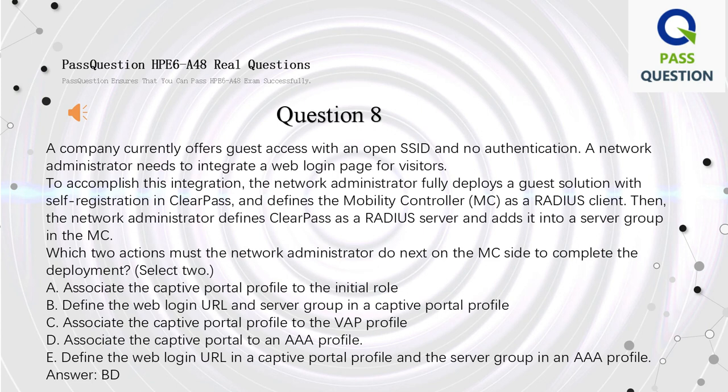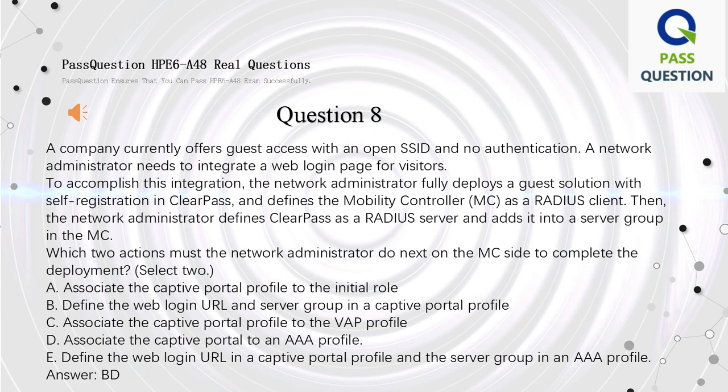Then, the network administrator defines ClearPass as a RADIUS server and adds it into a server group in the MC. Which two actions must the network administrator do next on the MC side to complete the deployment? Select 2. A. Associate the captive portal profile to the initial role. B. Define the web login URL and server group in a captive portal profile.